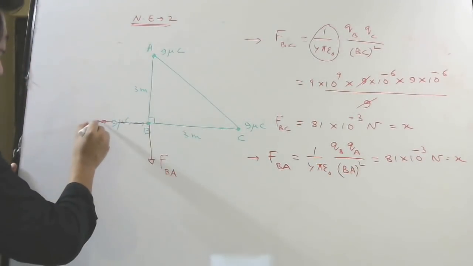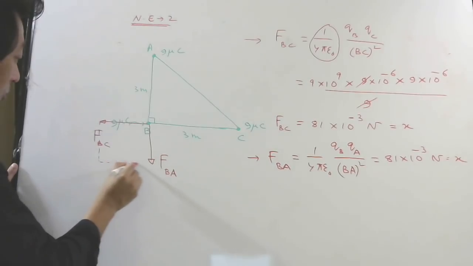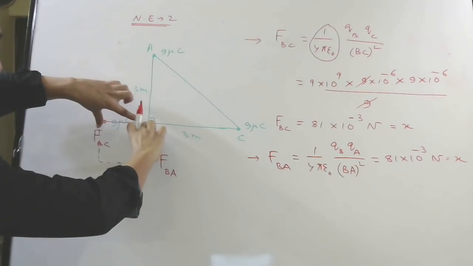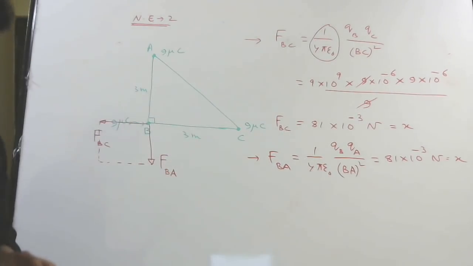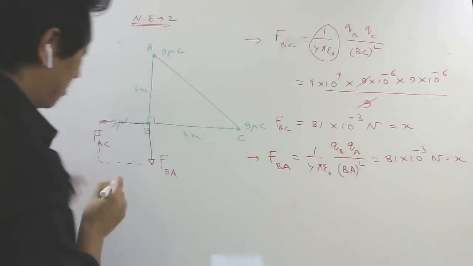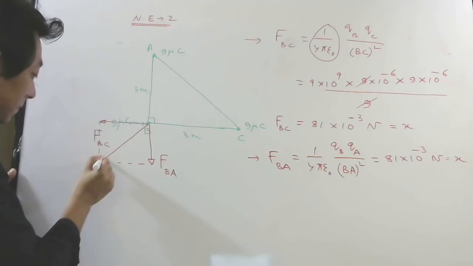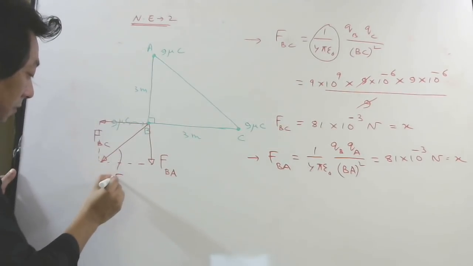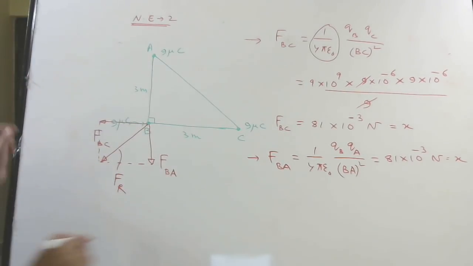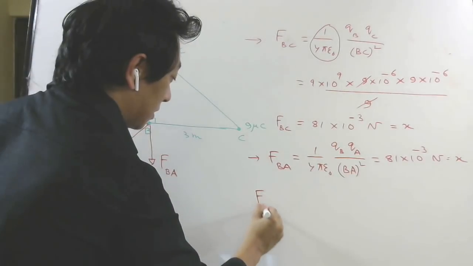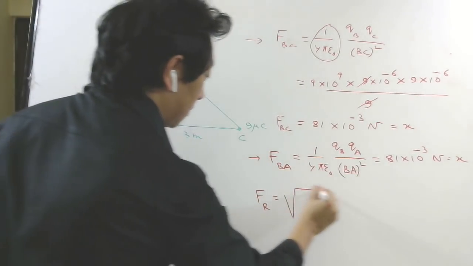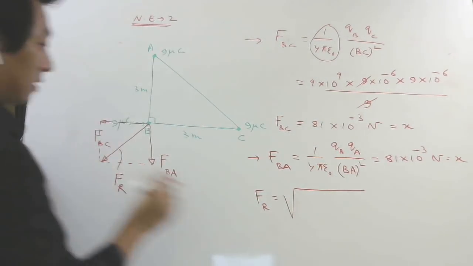So you have to draw this parallelogram, which will be a square now, because these two magnitudes of the vectors represent the length of the vectors. So these two have the same magnitude. So the diagonal will be here, Fr. Right? So resultant force will be root of first vector is x.